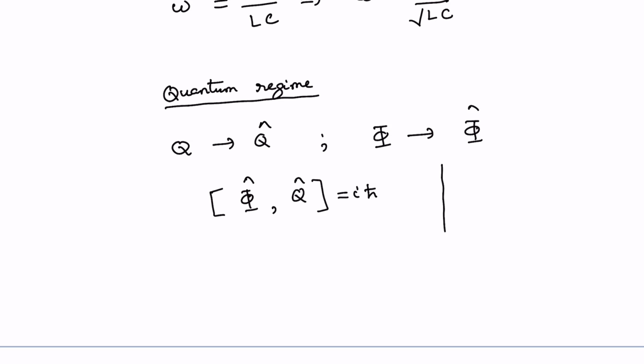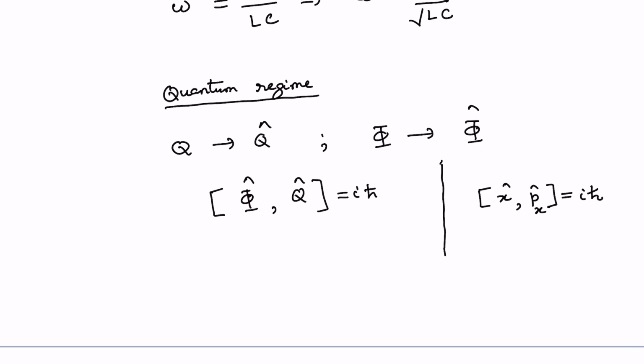Just recall that when quantizing a linear harmonic oscillator, we impose this commutation relation. So we are actually doing everything in an analogous way to that of a linear harmonic oscillator, the canonical quantization procedure that we are adopting here.